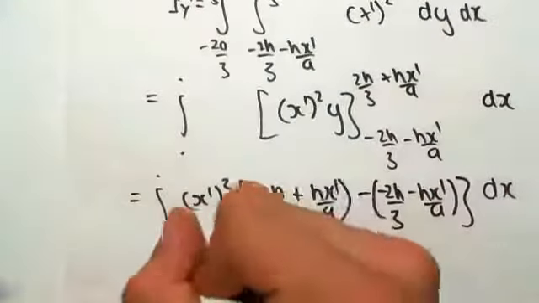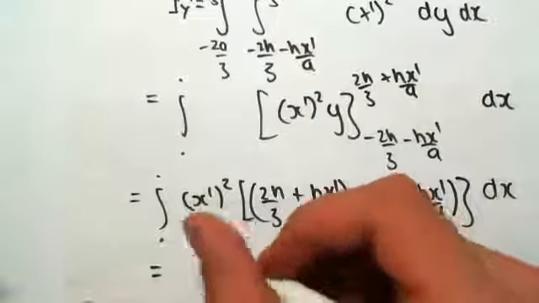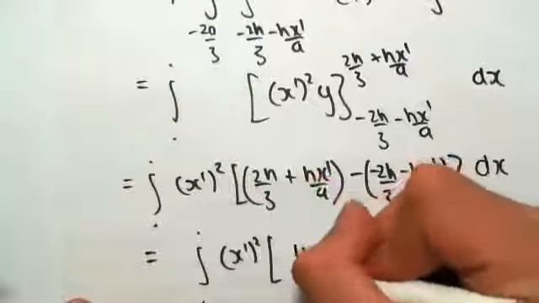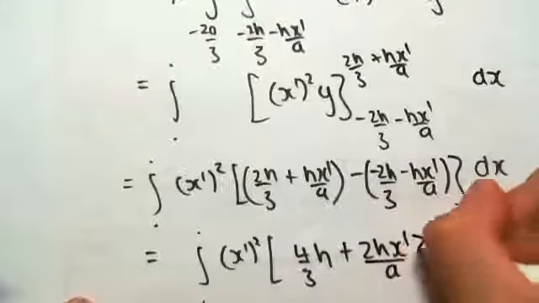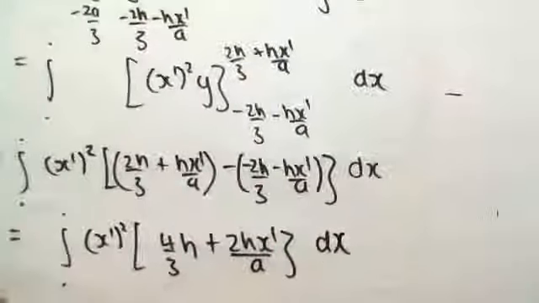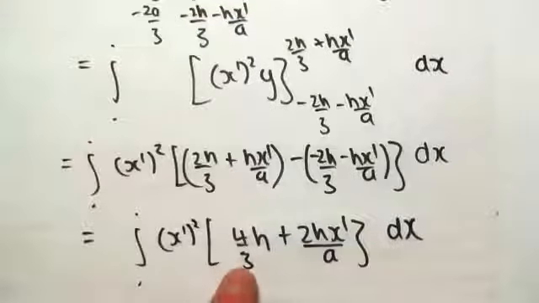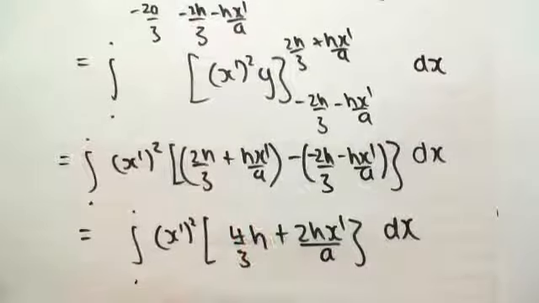Now simplifying this, we would get the integral between, x dash squared outside of 4 on 3 h plus 2h x dash on a, dx. Going a step further, I'm going to take out an h and expand the x dash squared in. h is common, it's just a constant. x dash squared I'm going to put in.